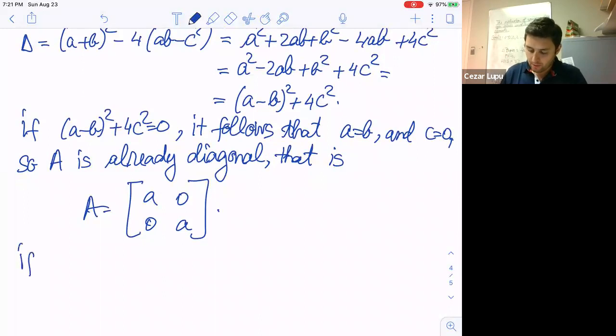Now, if a minus b squared plus 4c squared is positive, then we can employ the quadratic formula.